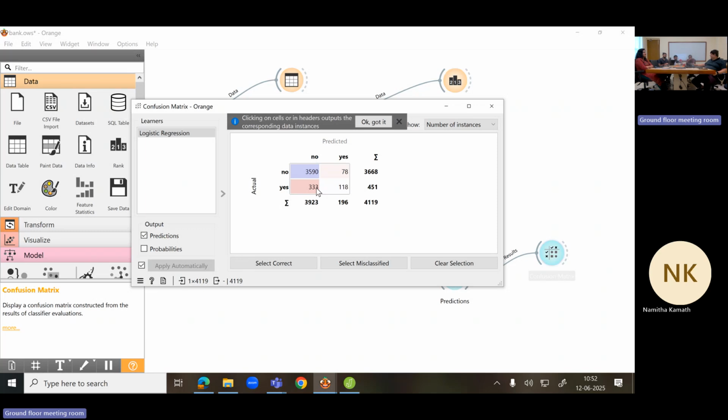Don't spend anything on them. But those 78, you will interview them. That will be a cost. Now, the thing is, here false negative is not critical.